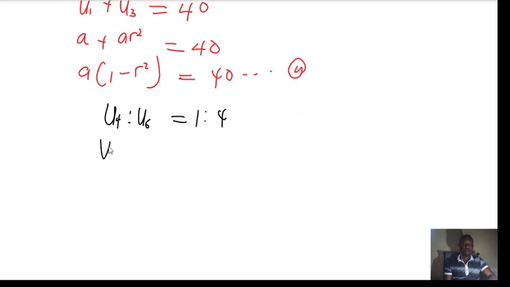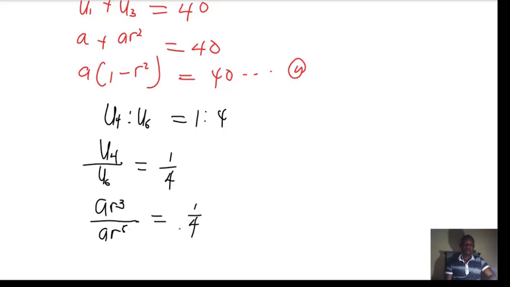So we have U4 over U6 equals 1 over 4. So what is U4? U4 is AR to the power 3 all over AR to the power 5, which is equal to 1 over 4.